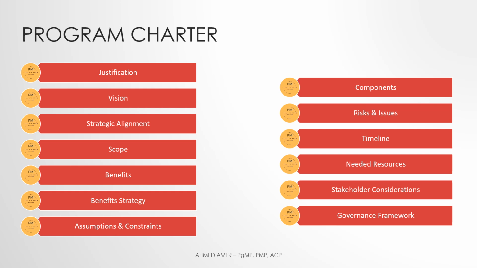What are the recommended governance structures to guide and oversee the program components, including reporting requirements? What authorities does the program manager possess? How is this information updated in the program governance plan? We will go through the governance framework performance domain in more detail in the coming videos.